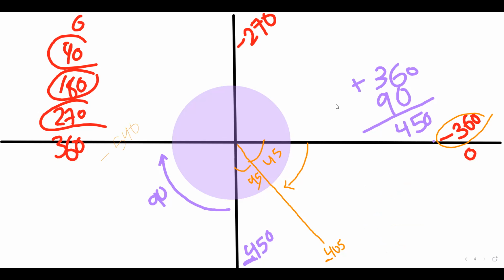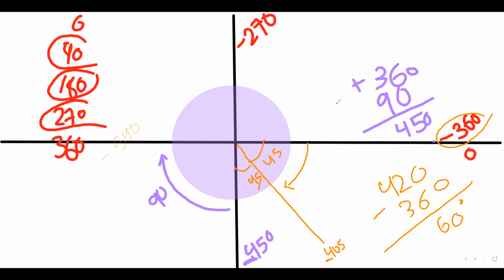And now what do I want? I want 420. Think about it: 420 minus 360, if you subtract it, what will you get? You get 60.